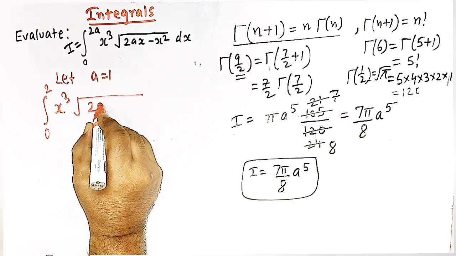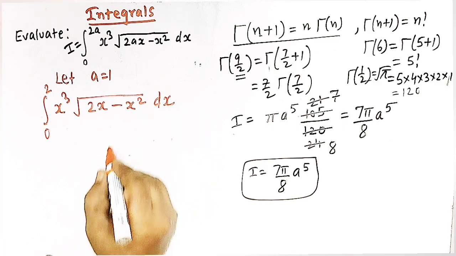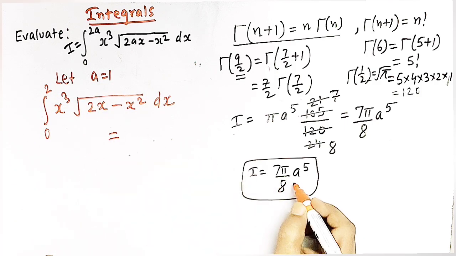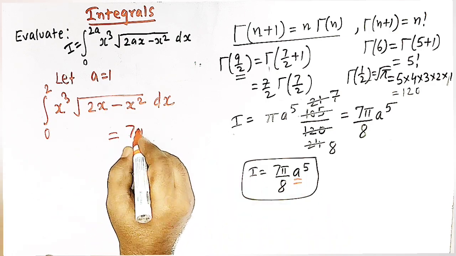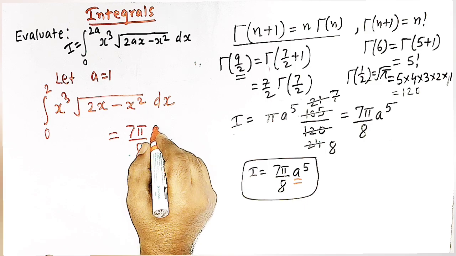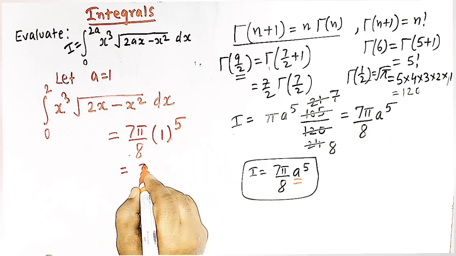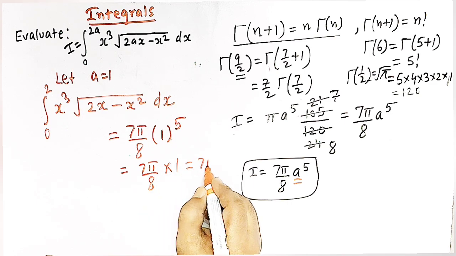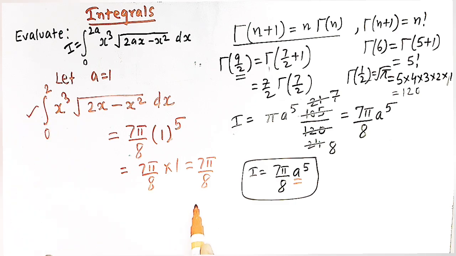So here we have simply 2x minus x square and dx. Now the value of this integral can be obtained by replacing a by 1 in this expression. So we have 7 pi over 8 times 1 raised to 5, and this is 1. So we have simply 7 pi over 8 times 1, that is equal to 7 pi over 8. So the value of this integral is equal to 7 pi over 8.